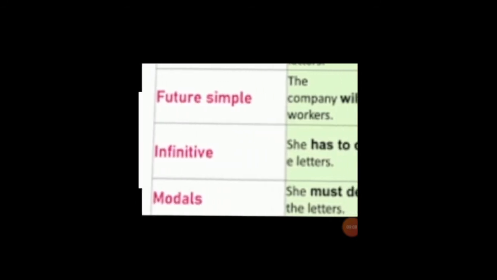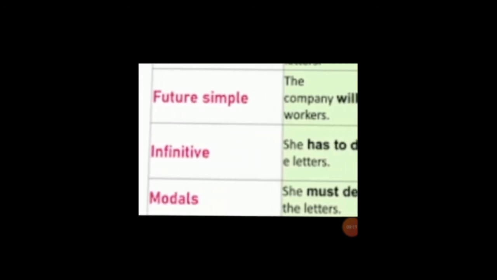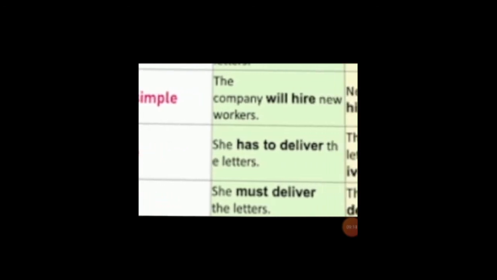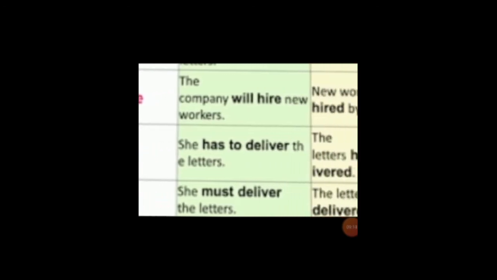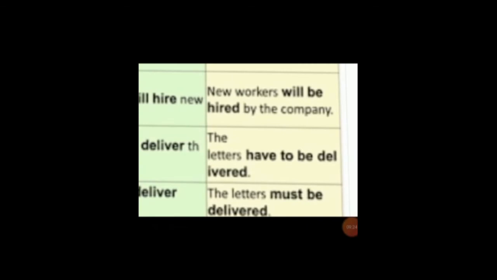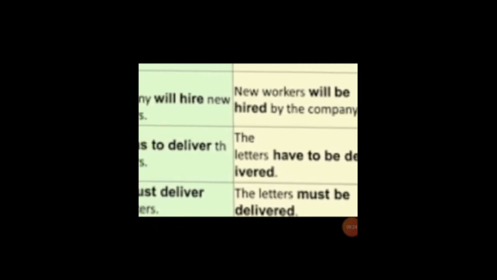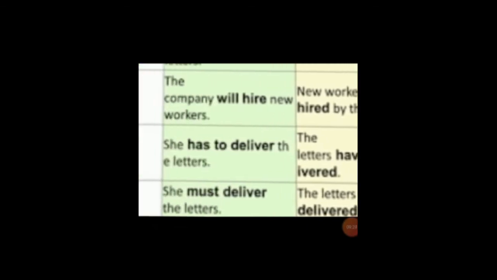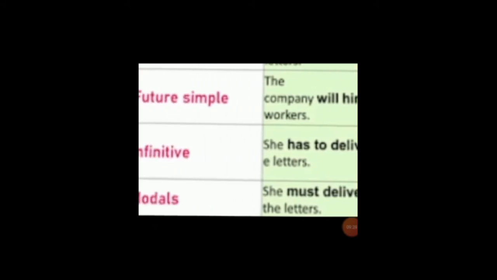Okay. Now the next is infinitive. The simple infinitive sentences you have already learned in your previous classes. She has to deliver the letters. She has to deliver the letters is the infinitive sentence, and the passive voice is, the letters have to be delivered by her. You can add by her as well.